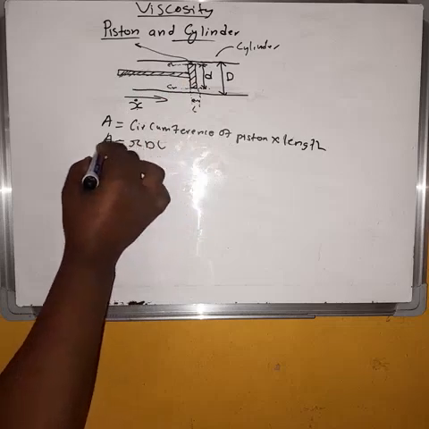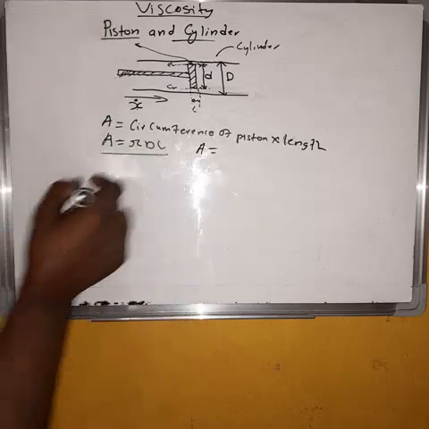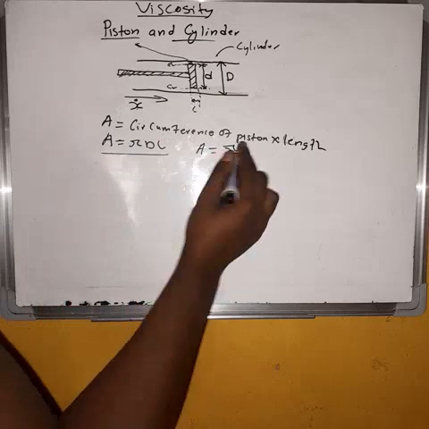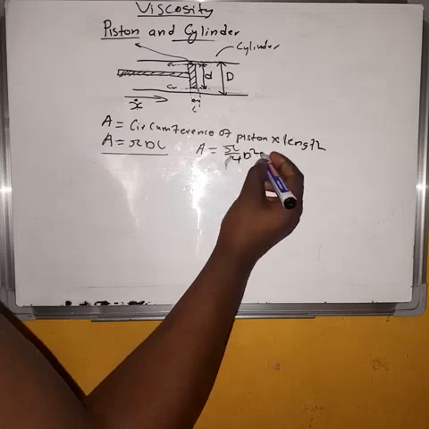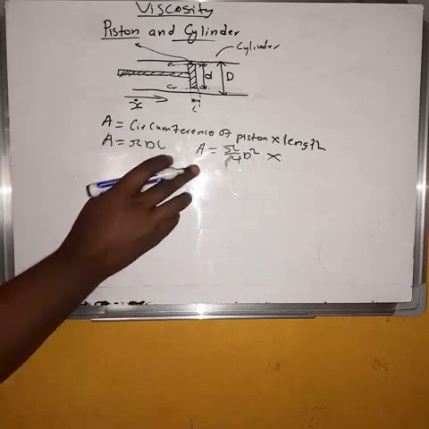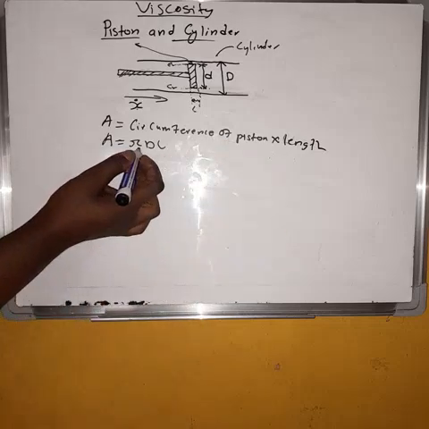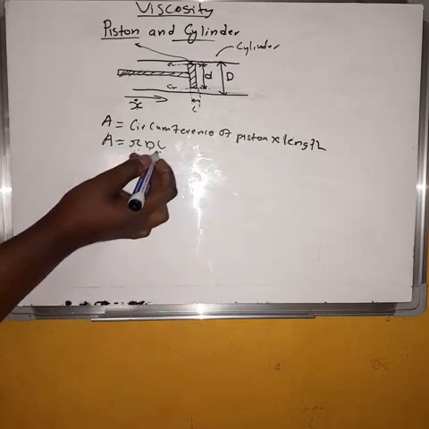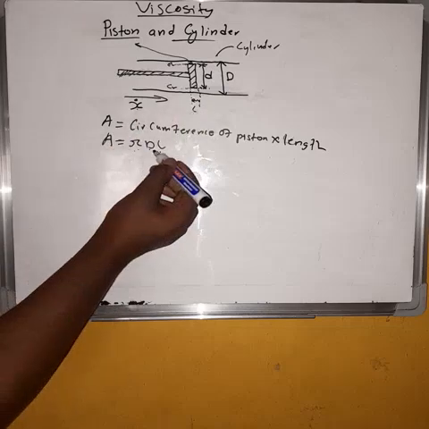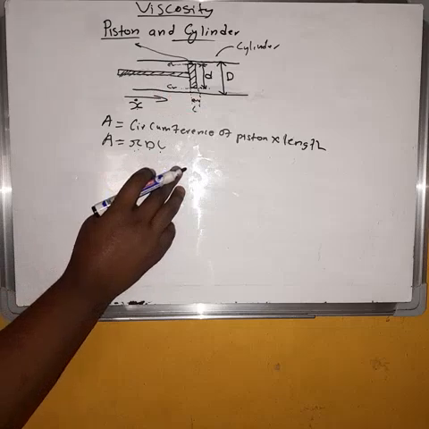Area is pi d multiplied by L. Do not make a mistake under this topic of viscosity and use pi over 4 multiplied by d squared. That will be wrong. The area now is pi multiplied by the diameter of the piston multiplied by the length.